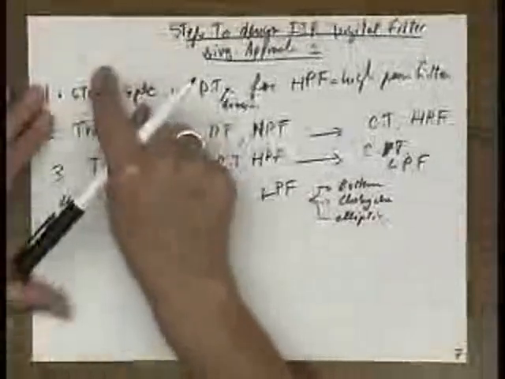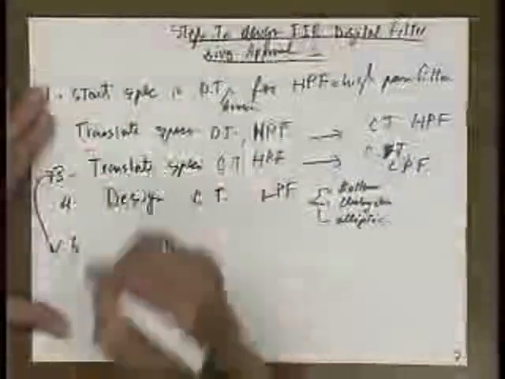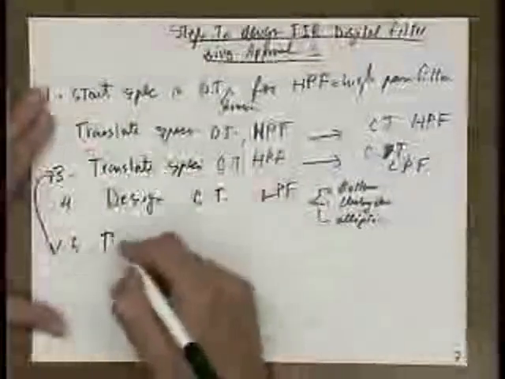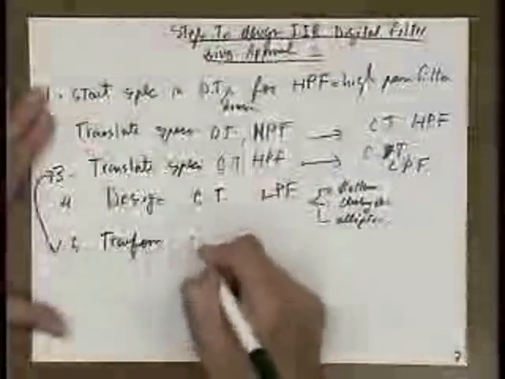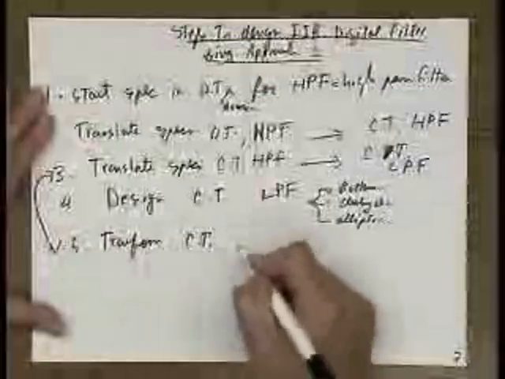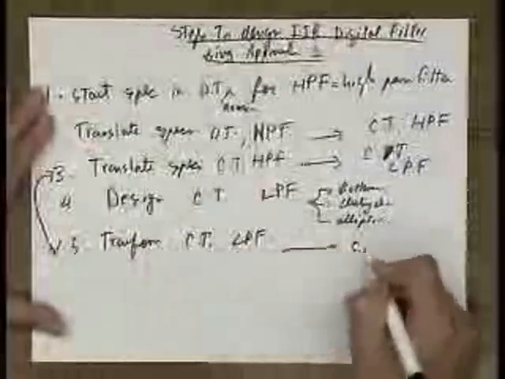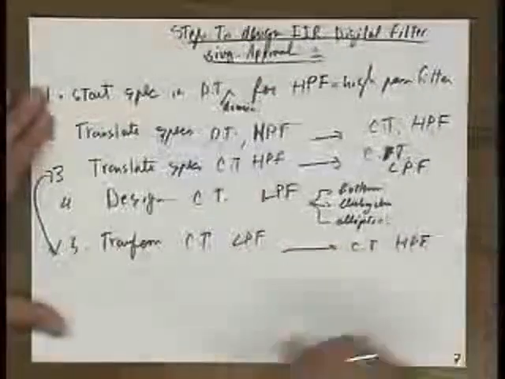And now you have to undo all the steps that you did here. Now you have a continuous time low-pass filter. You first, using this thing, go back to get your continuous time high-pass filter. So using a dual to step 3, you transform your continuous time low-pass filter into a continuous time high-pass filter.